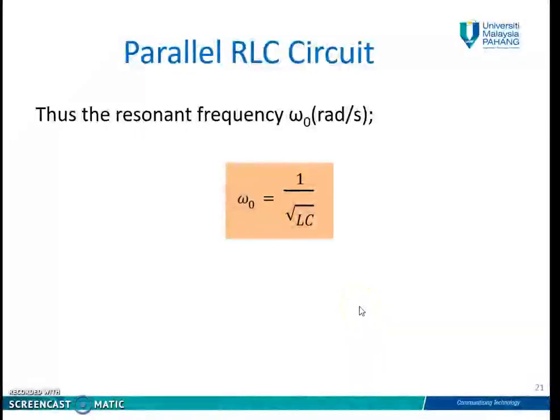This is the equation that we use to calculate the resonance frequency omega naught in radians per second. If you want to calculate the resonance frequency in hertz, we just use this equation, but the unit is in hertz.